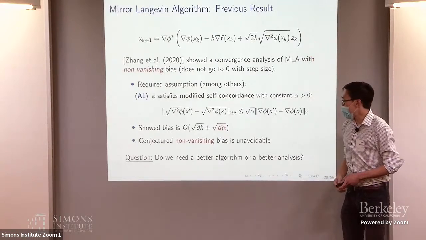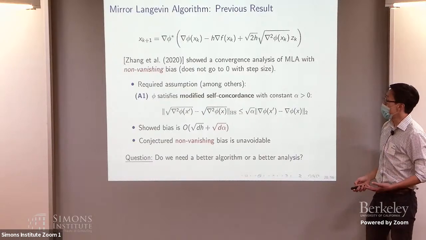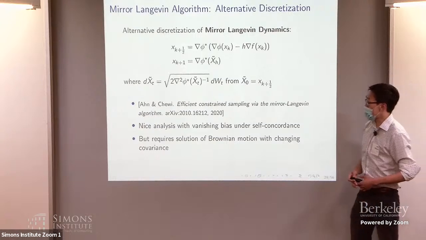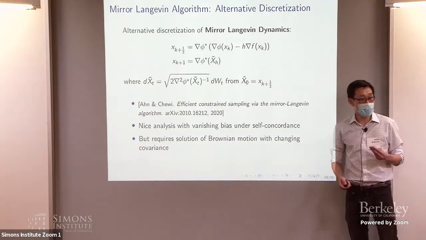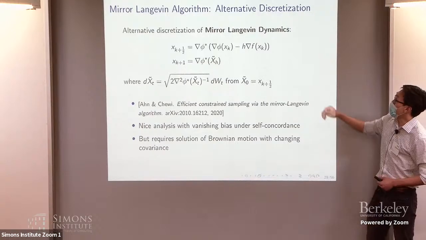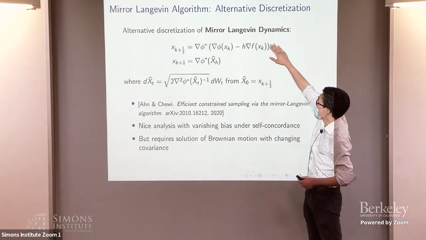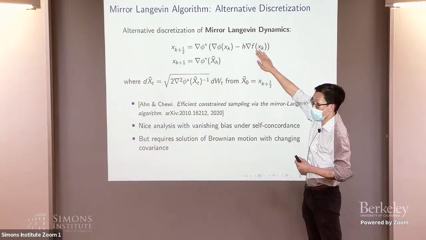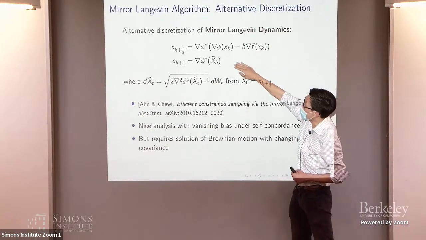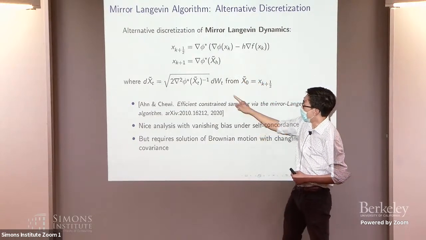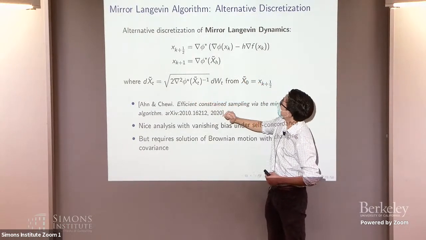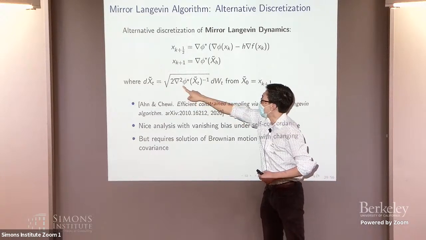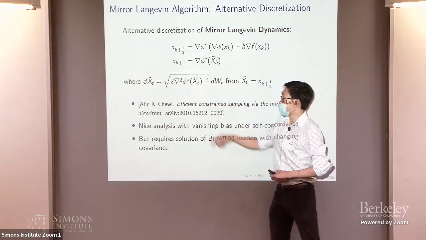On the front of a better algorithm, there were a few follow-up works, including an alternative discretization by Kwangjun Ahn and Sinho Chewi, where we apply a two-step process: we take a gradient step in the dual space that looks like mirror descent, and then we solve the Brownian motion part exactly, a Brownian motion with this changing covariance.